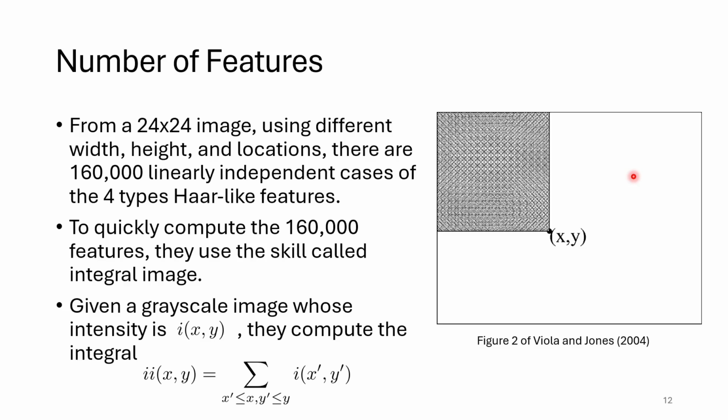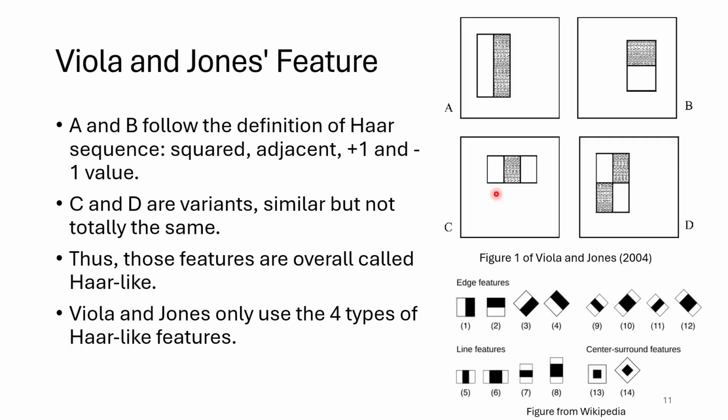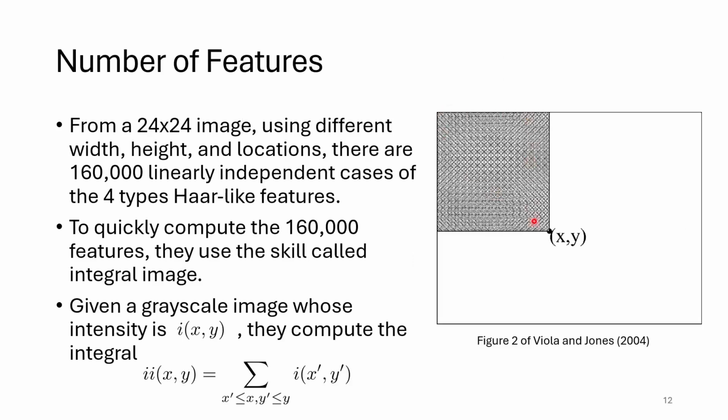And they use a method to quickly compute the feature value. Why? Because if they only choose the 4 types of feature, they can compute the summation of the intensity for any location x, y, and then it is very easy to compute.